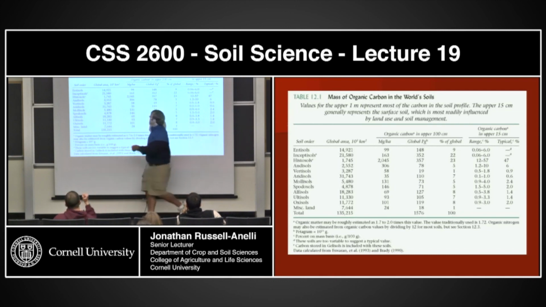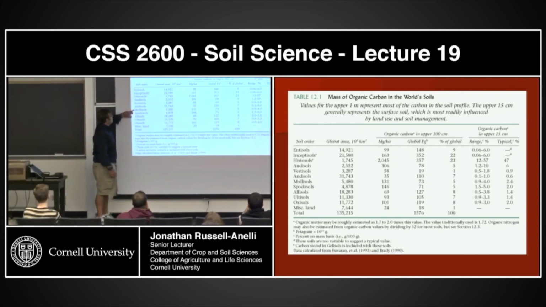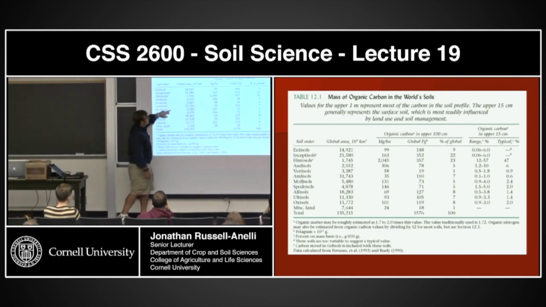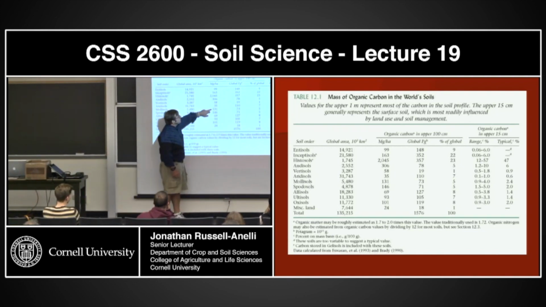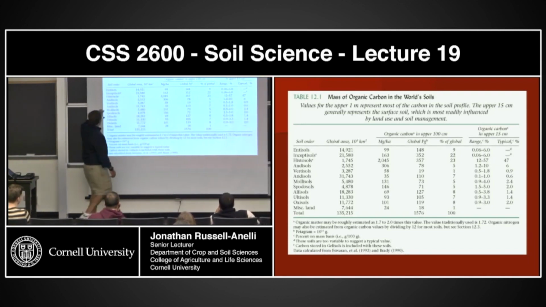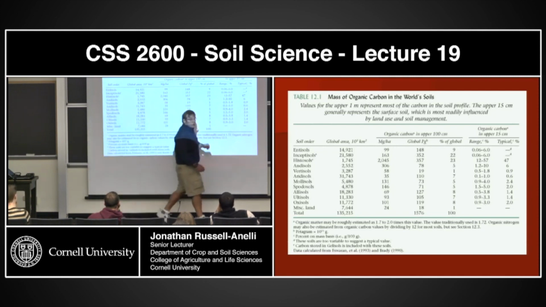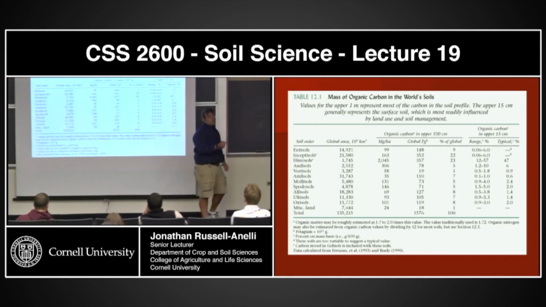The other thing that I want you to look at is these mollisols. These mollisols have a fairly low number. Mollisols and alfisols right here, these two numbers. Look at the amount of organic carbon that's in those soils, yet those are these really fertile soils.